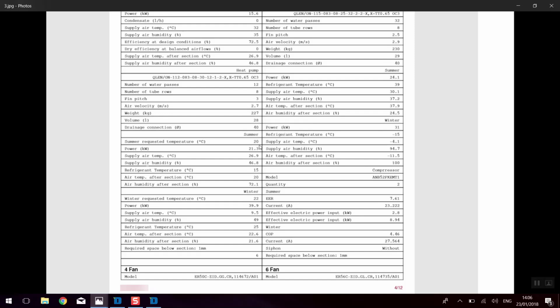If we go to the summer mode, here again we have condenser inlet temperature 30 degrees, outlet temperature almost 38 degrees.